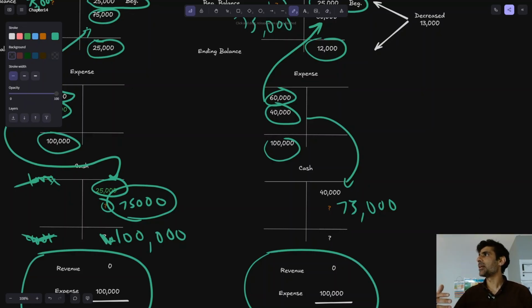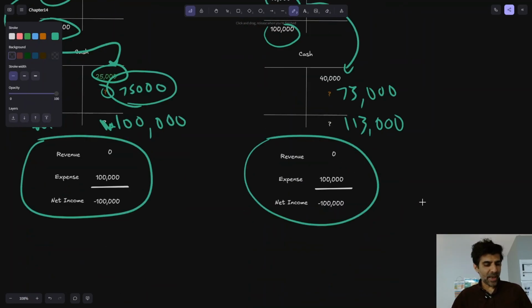Do we agree with that? In this case? And in this case, what is the decrease here? What is my total credits to cash? 73,000 plus 40,000. What is it? 113. Okay, so how do I reconcile net income to my cash flow? Because now I know that my cash decreased by 100,000. My net income is negative 100,000.